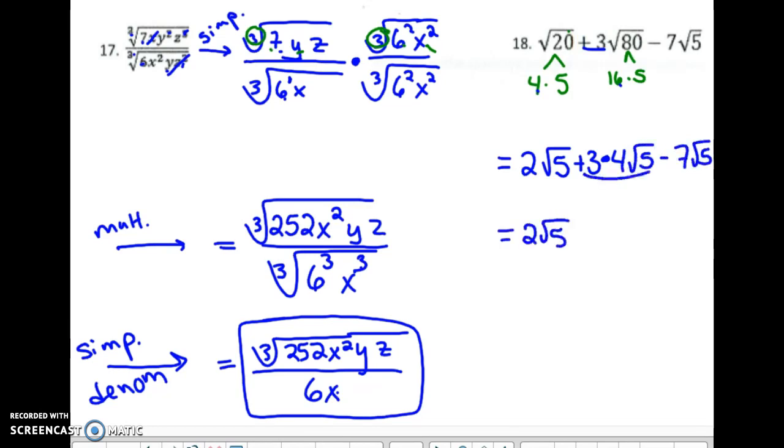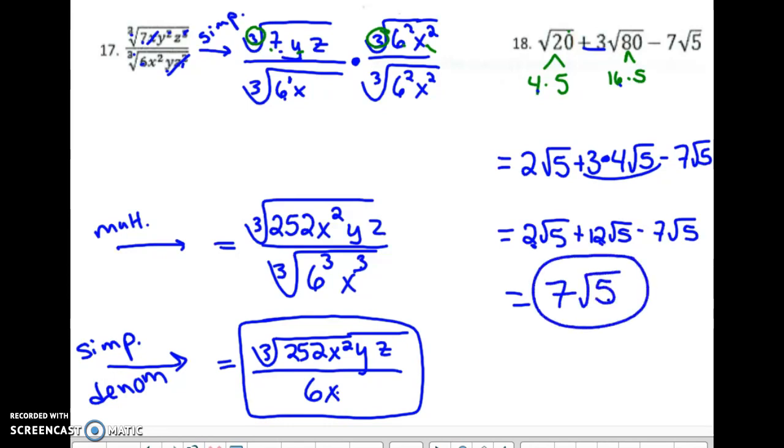I'm just going to clean up our middle term. 3 times 4 is 12, square root 5. When we put our like terms together, we just add the outside numbers. So 2 plus 12 is 14, minus 7 is 7. And when we're adding and subtracting, that square root underneath stays exactly the same.